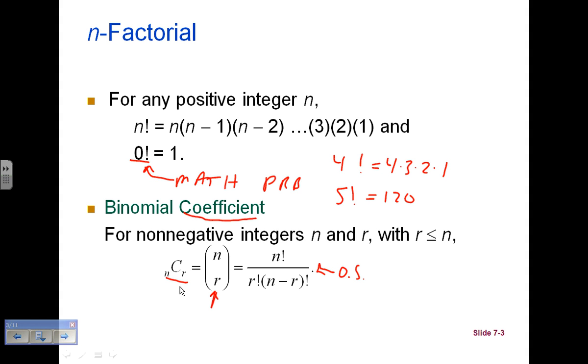If it was squared, the binomial coefficient that goes with Pascal's triangle is NCR. 2 choose 1 is 2, and 2 choose 2 is 1. Anyway, we'll figure it out. So jot that down if you need to. N factorial, the non-negative integers for the coefficients.